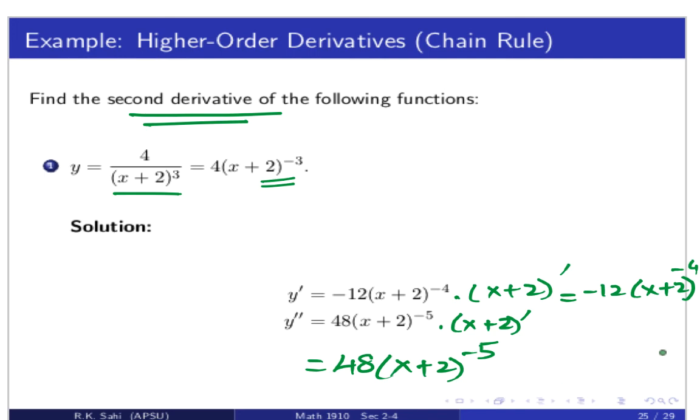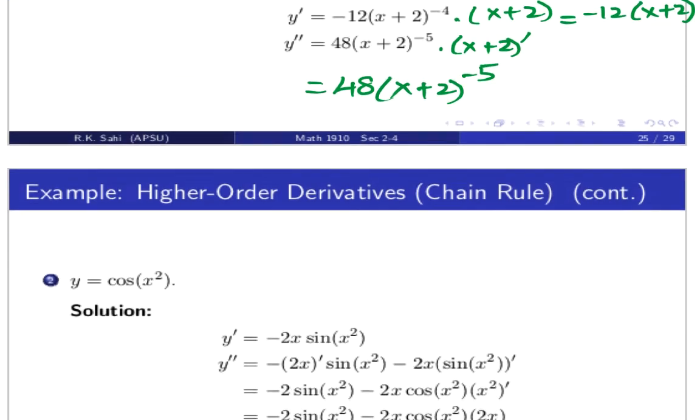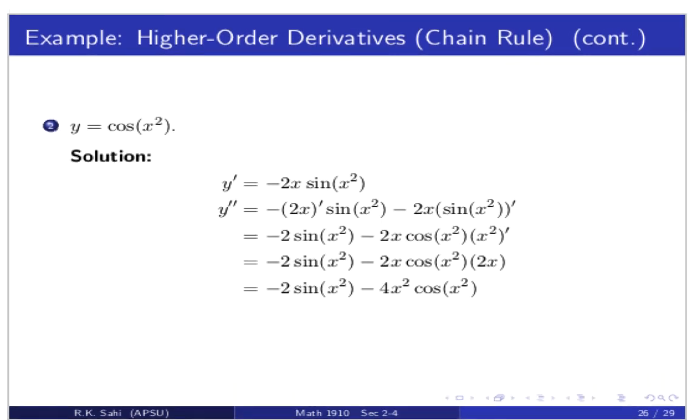Okay, let's do some trig, guys. Now, y equals cosine x squared. I have done this problem before, so I'm just going to simply write down y prime. Now, y prime is negative 2x sine x squared, or was it? Oh, I think I had done y equals sine x squared, I think so.